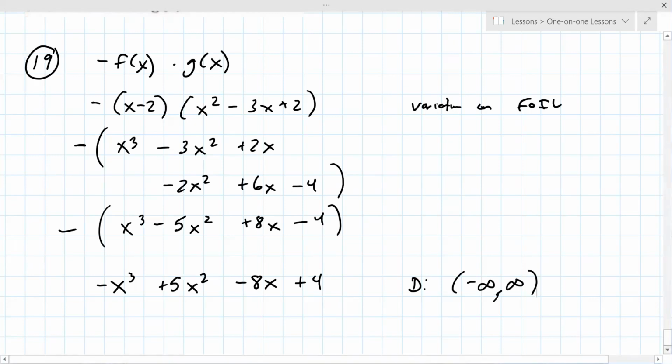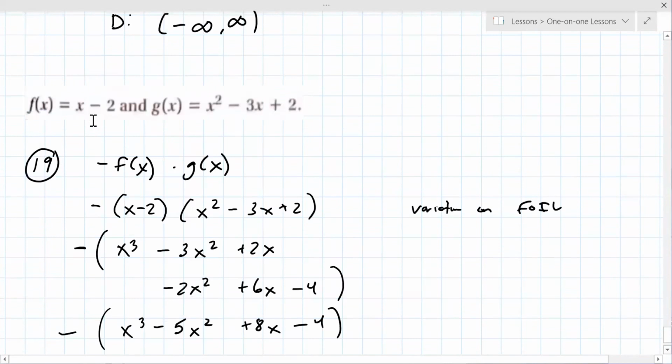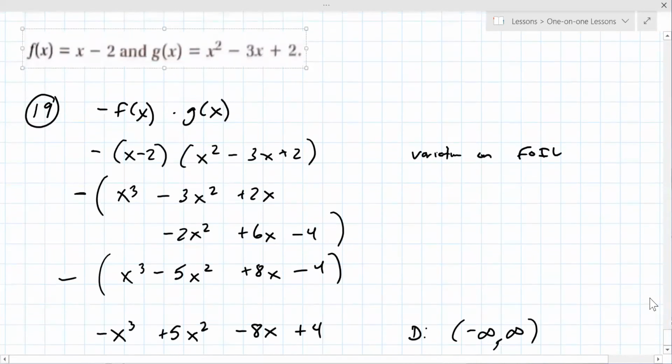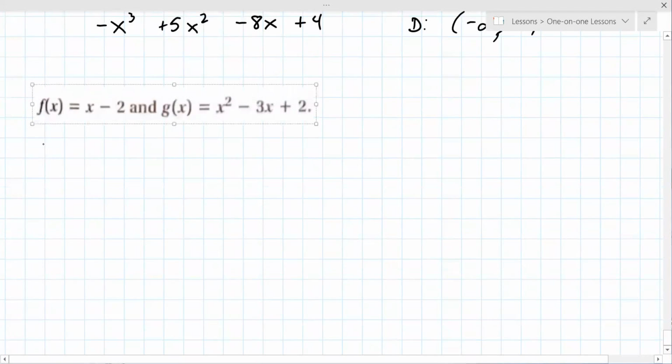So 20, I've got to do the same thing here. I've got to grab this and then paste it below. So 20 says g of x over f of x.